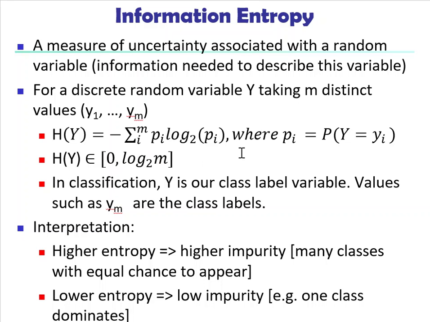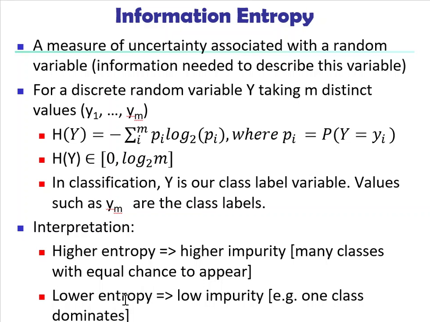So the interpretation of information entropy, as we have hinted already, is that higher entropy indicates higher impurity, so high uncertainty. You have many classes with equal chance to appear, so it's harder for any algorithm to actually label your observations properly.